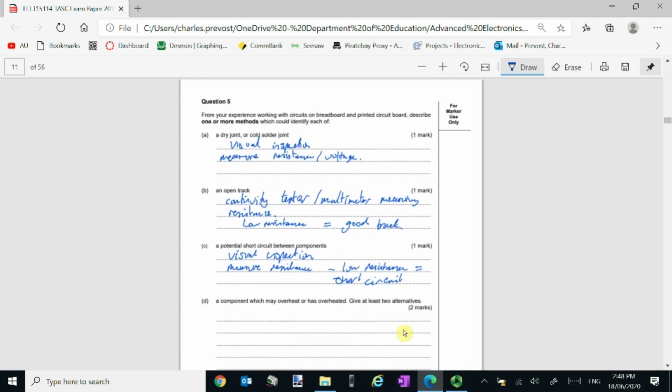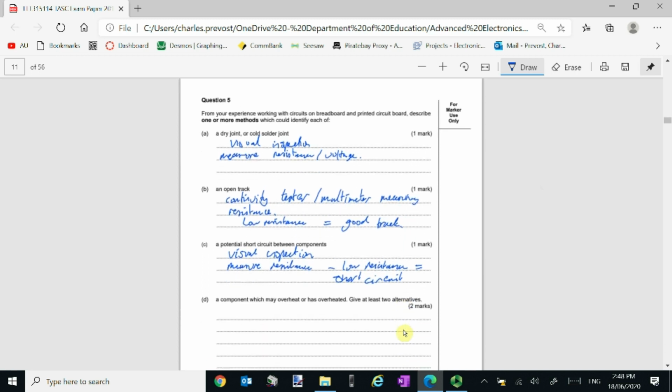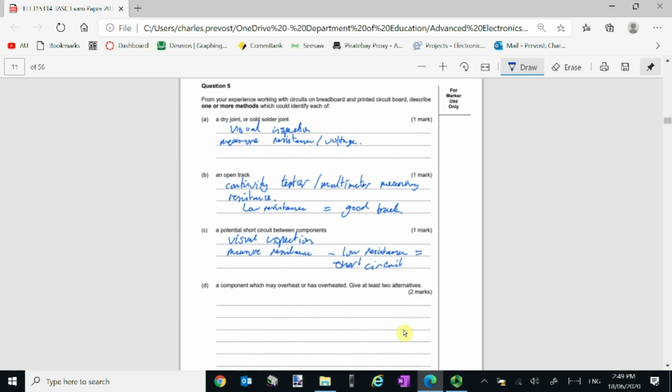So how could we identify a component that may overheat or has already overheated? So already overheated, well, you can see that usually. So visual inspection, or sometimes you can smell them. So if you smell what smells like burning paint or something like that, chances are it has overheated.